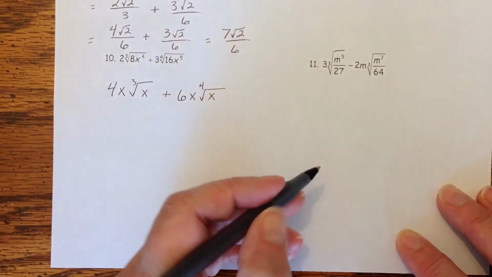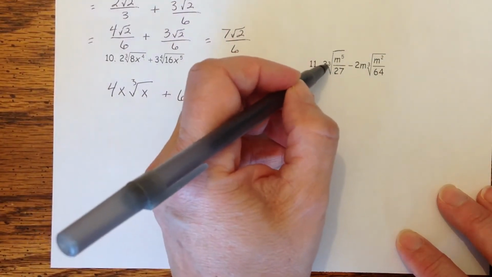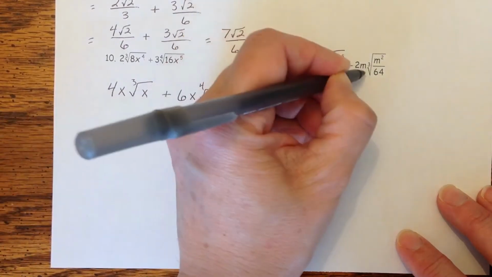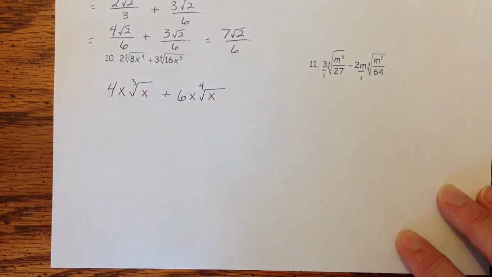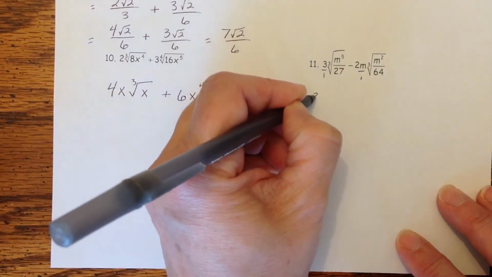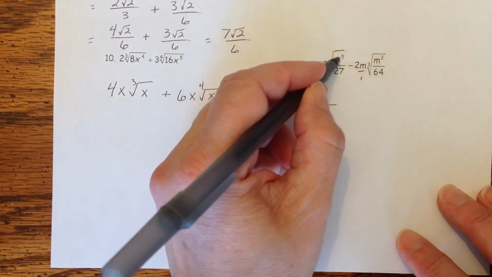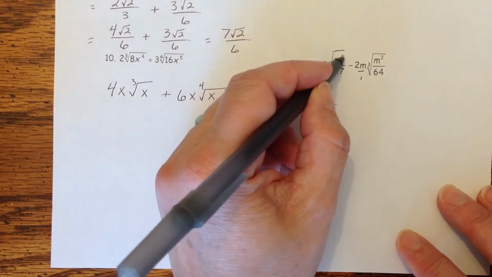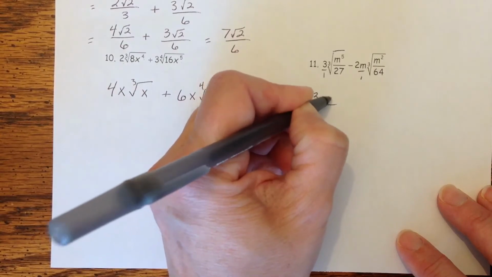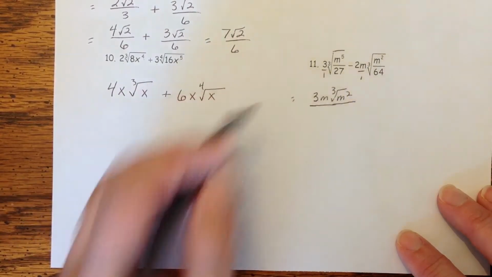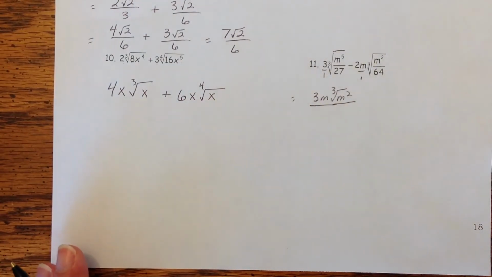Problem 11, we're going to apply the cube root to each of these pieces. If it helps, 3 is over 1 and 2m is over 1. So I get 3, and then I'm going to take the cube root into m to the 5th. So 5 divided by 3 is m, and I have a remainder of 2, so I have m squared left inside.